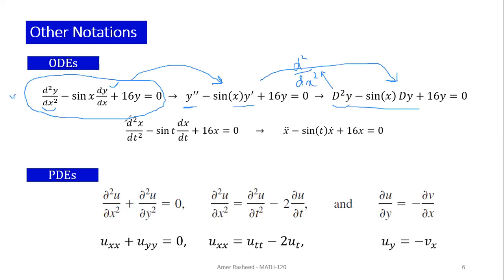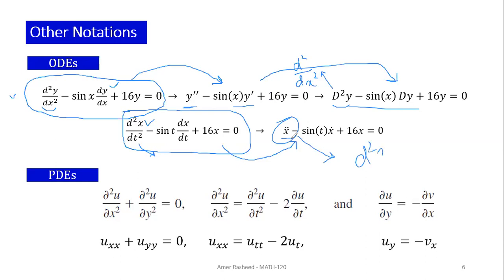Also, if we have a differential equation which involves t only, where t is time, the independent variable, and x is the dependent variable, then in physics or many engineering subjects, for example mechanics, we denote such differential equations by this notation. x double dot is the second derivative of x with respect to t, and x single dot is the first derivative of x with respect to t.